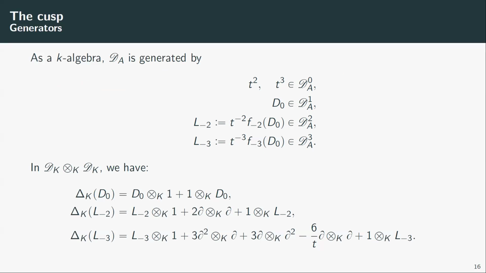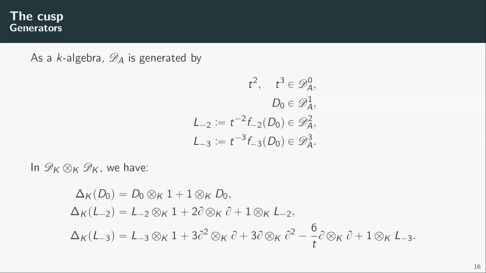For D0, it's a derivation, so nothing to think about there. For L-2, we have this tensor, partial, where partial is not in dA. And therefore we wonder, can it really be written in terms of elements in dA? And similarly for L-3. And we know from the local projectivity that it is possible.